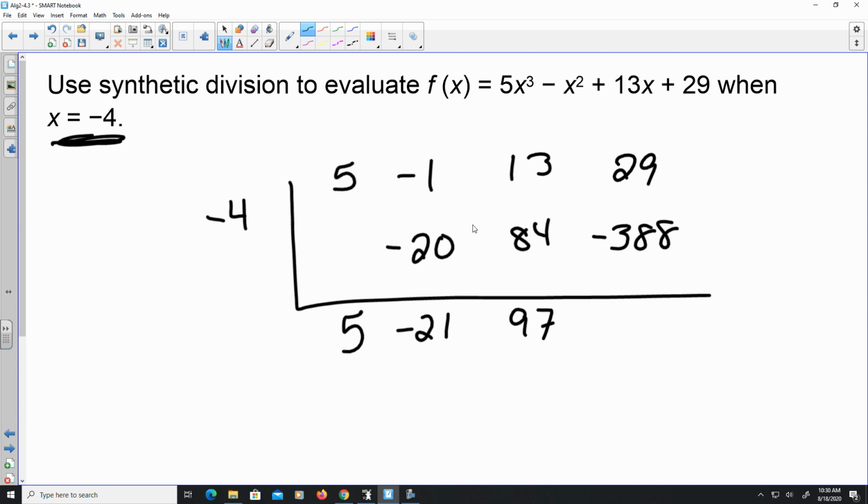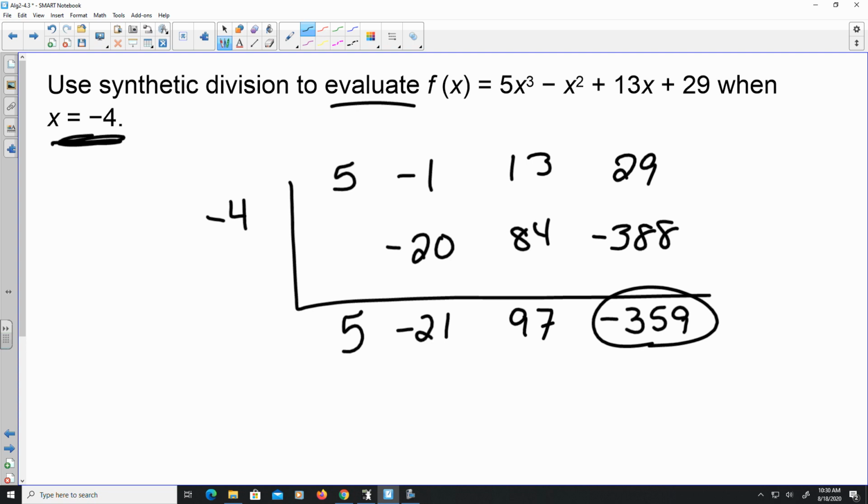And what, add those together, I get negative 359. So now that there's nothing left, your answer is, oh, they just want you to evaluate. So your answer is negative 359.